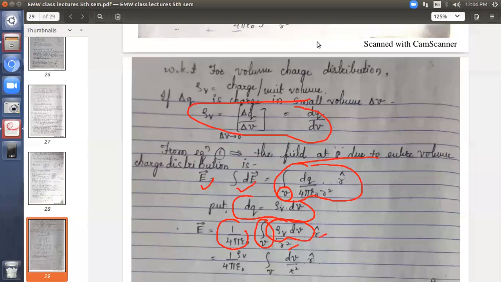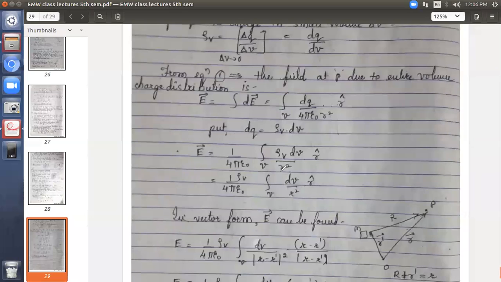If you are using a continuous charge distribution and assume that rho v is a constant value, then take it outside of the integration and the remaining is this. This is the electric field intensity value for volume charge distribution.